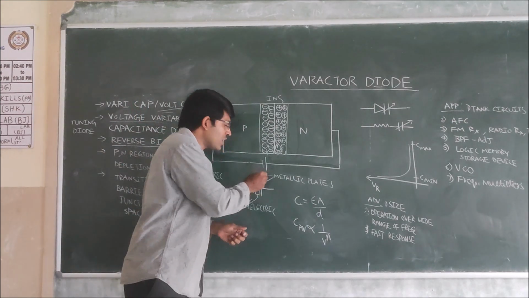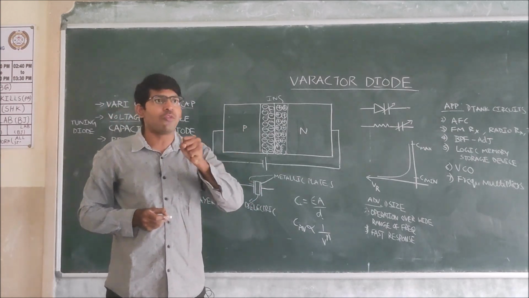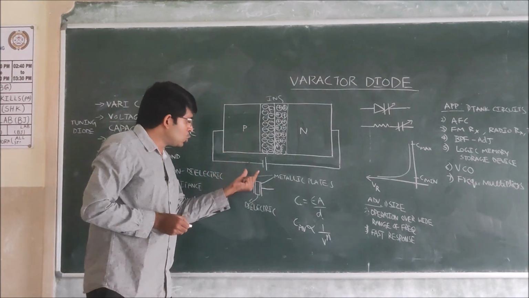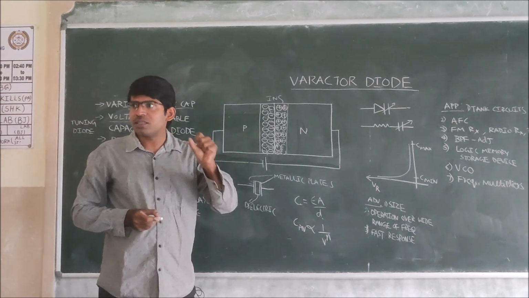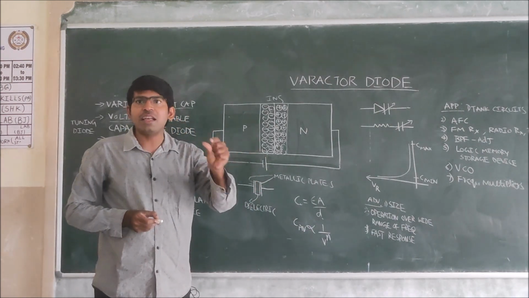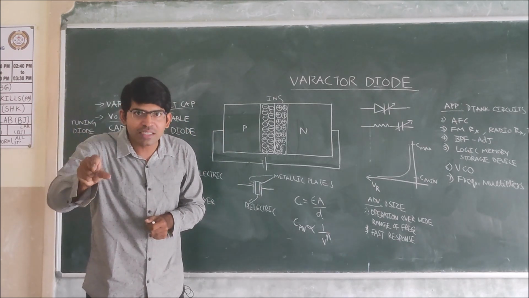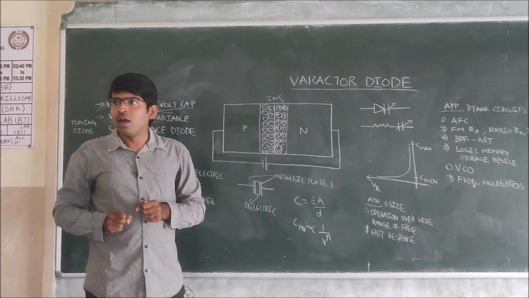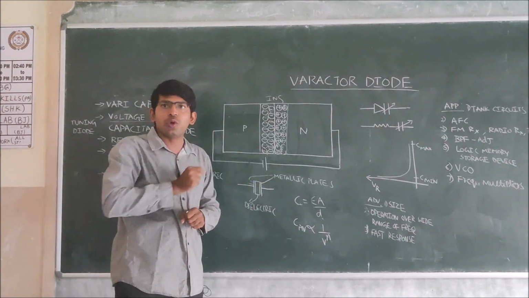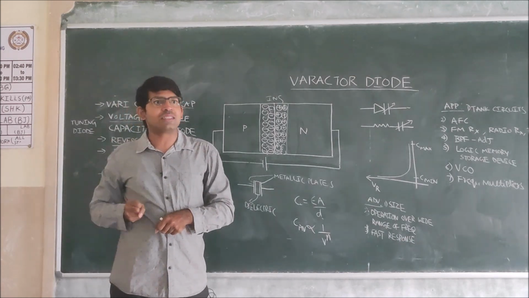In the capacitor we discussed, the capacitance is formed by using two metallic plates, and we use a dielectric material in between these metallic plates. Then the capacitance is formed. What is this dielectric doing? It is storing the electric field lines.